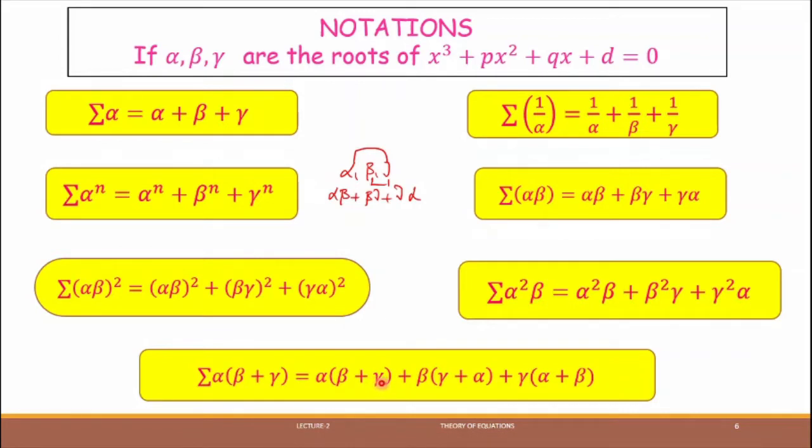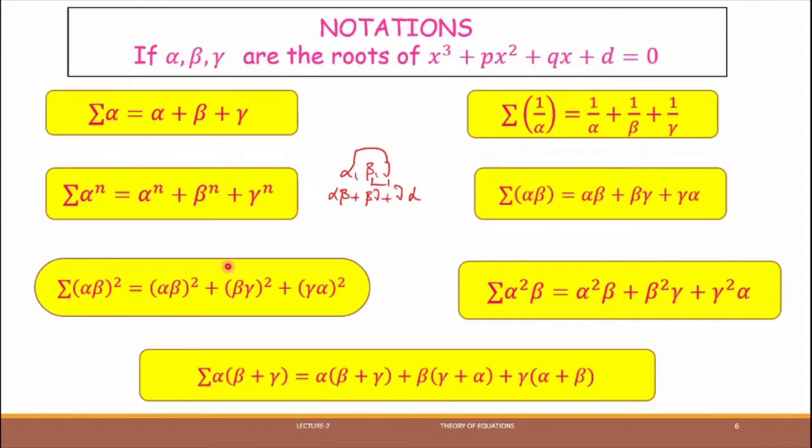Next the roles change: beta into the sum of the remaining two, that is gamma plus alpha, plus gamma into alpha plus beta. Summation alpha plus beta means the sum of the remaining two roots. So this way we have to expand the notations.